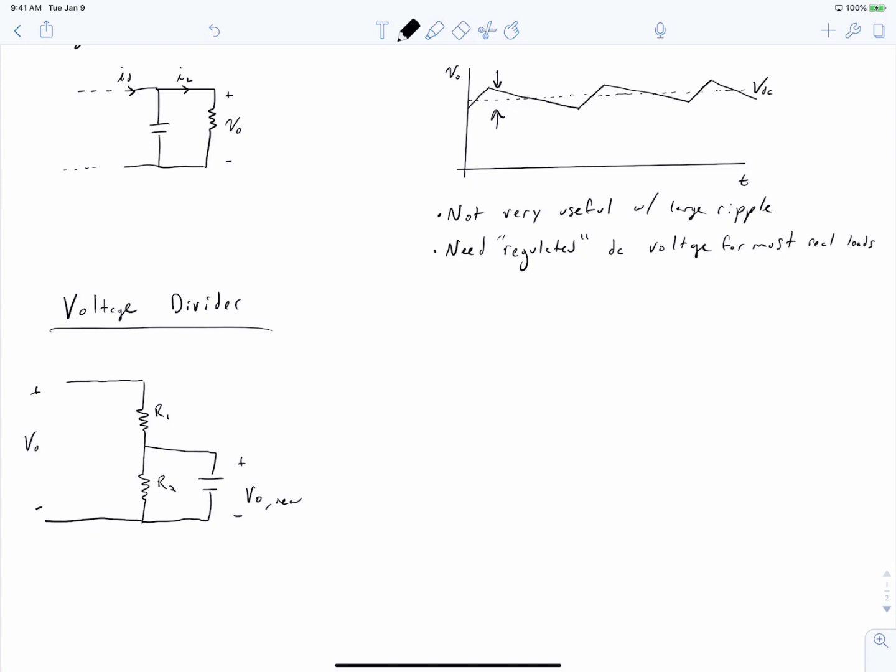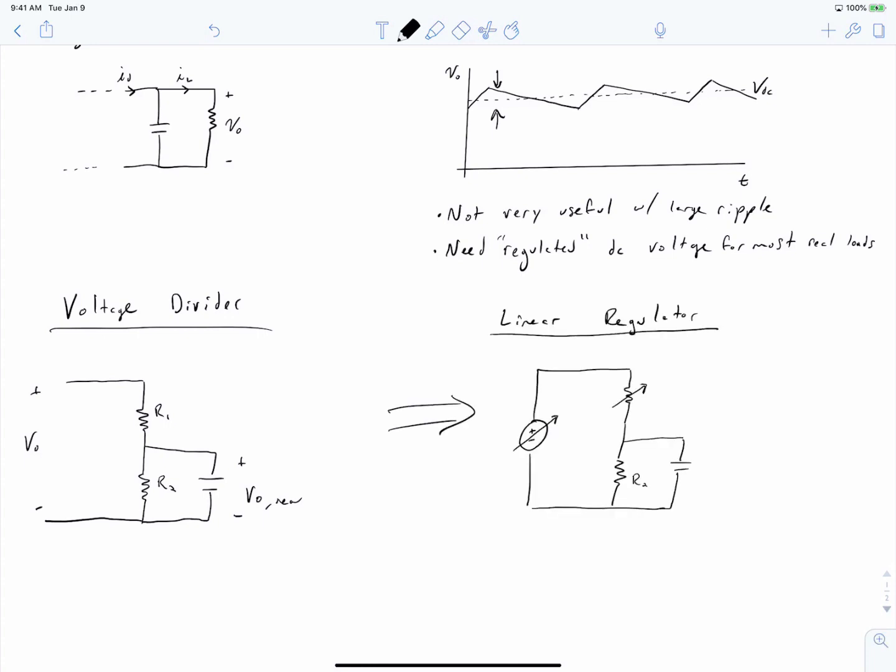If we want to regulate the voltage, we need a circuit that looks something like this. In this circuit, we acknowledge that we have a variable input voltage on the left side, and we connect it to our voltage divider network again, but this time we're acknowledging that R1 is a variable resistor.